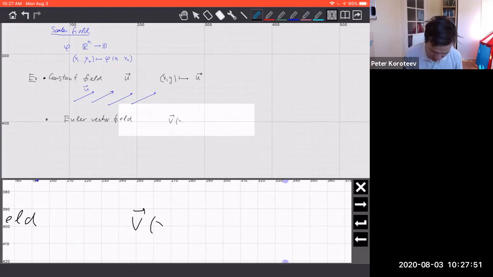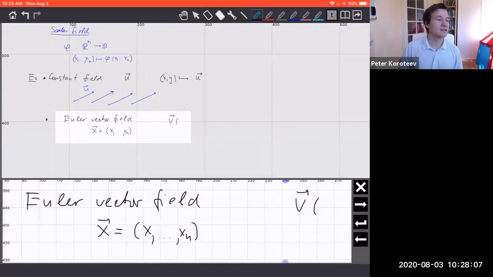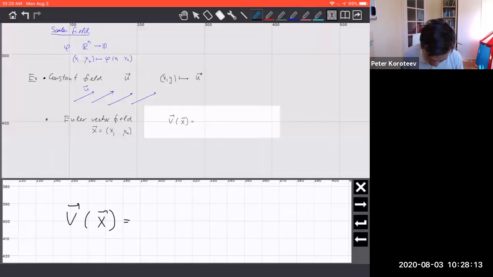Let me write it in full generality: let x be x1 through xn, just a vector, for shorthand notation. So v of x looks like x.